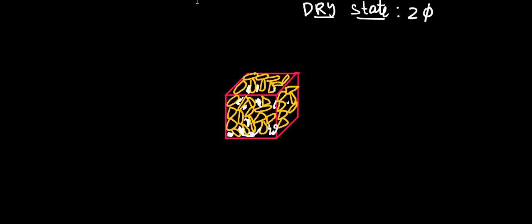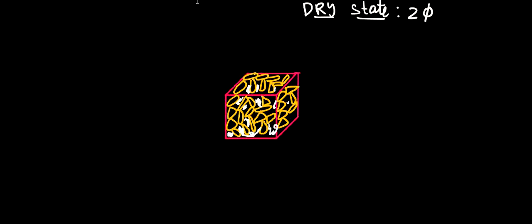So this is our soil sample. Let's say our soil sample is present in dry state. That means it will be a two-phase system: there will be only two materials, the soil solids, and in the voids air will be present.